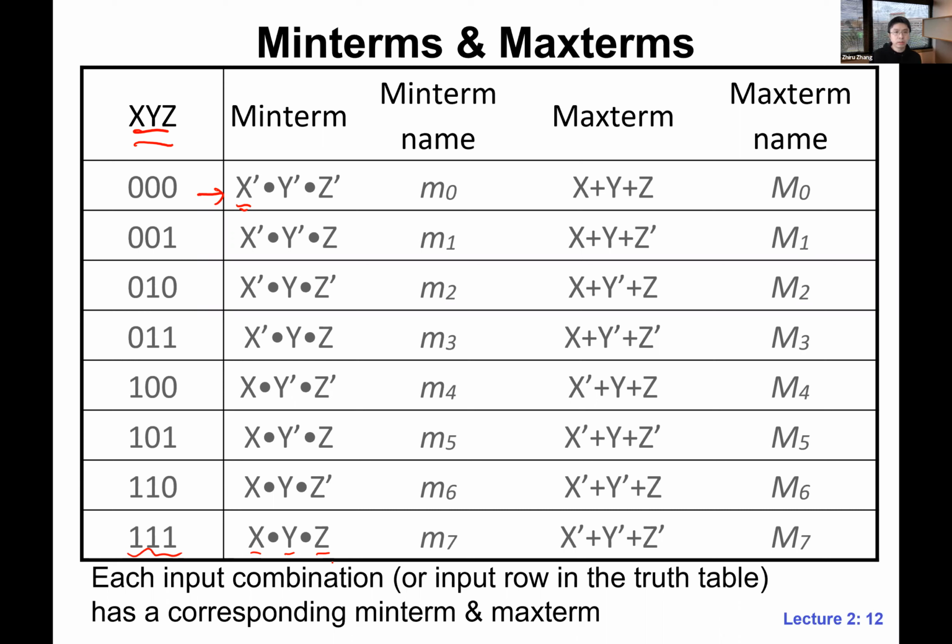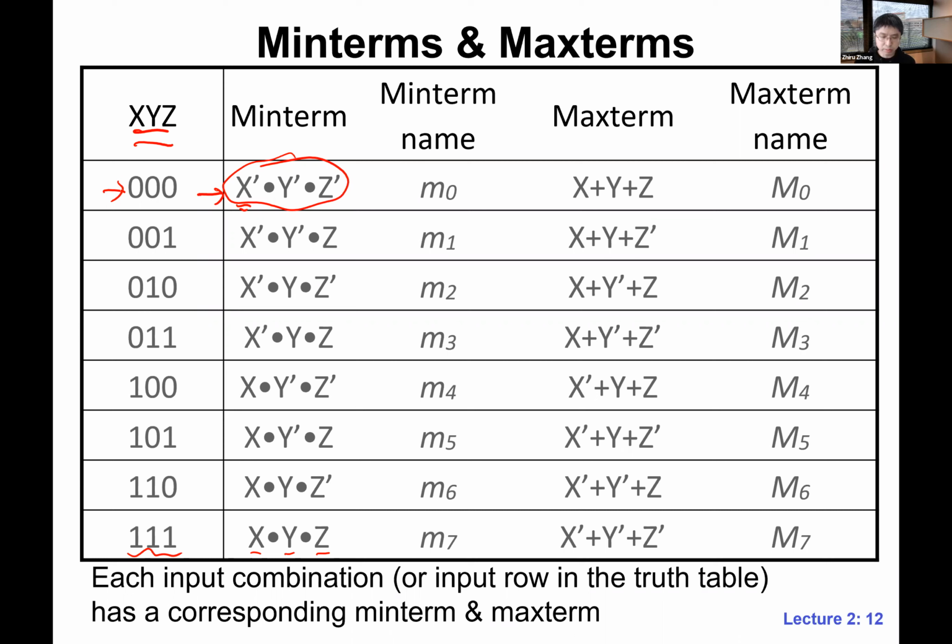All right, so here's a quick question before I talk about max term. Of course, these are just Boolean expressions, where we are using variables. Given an input, let's say the inputs are all zeros, X is 0, Y is 0, and Z is 0.